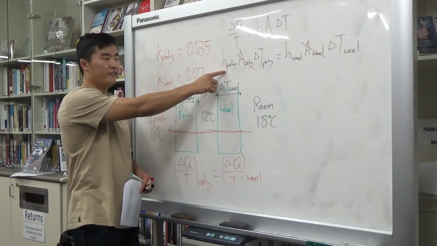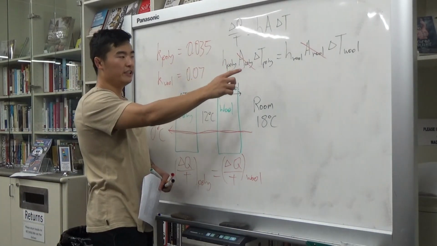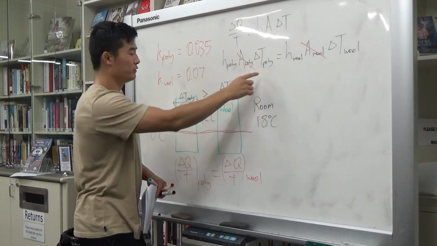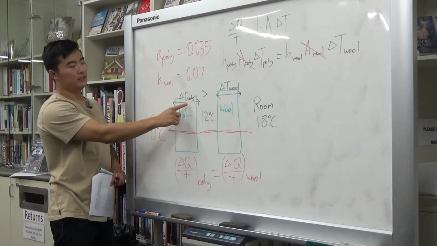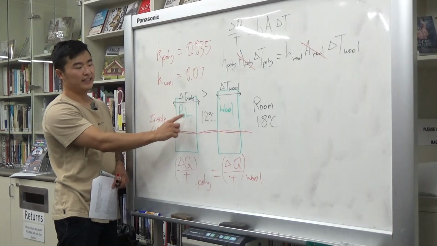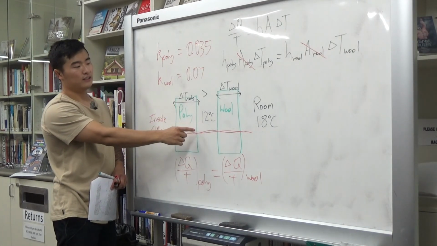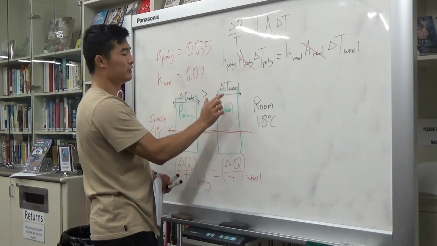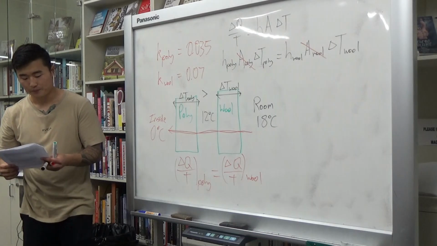So if this is half, in order for both sides to be equal, this one's going to have to be double, right? So that's what we've found. We found that the temperature difference across the polystyrene is 12 degrees Celsius, whereas the temperature difference across the wool is only 6 degrees Celsius.